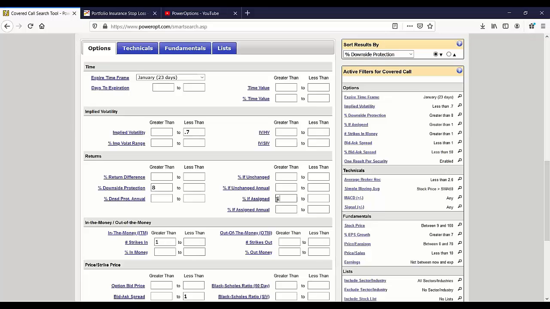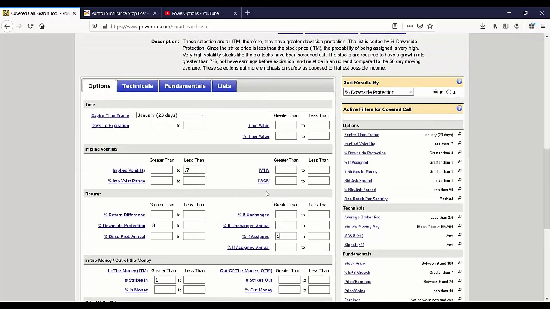If you're worried about the market sentiment tool, add some extra protection by going deeper in the money.